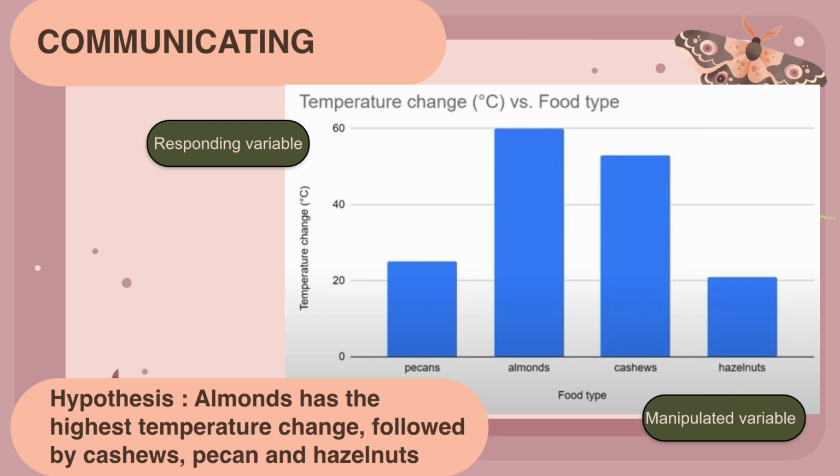For the bar chart, the hypothesis is a little bit different. For example, like this one, almonds has the highest temperature change, followed by cashews, pecan and hazelnut. For the bar chart, make sure there is space between each of the bars.